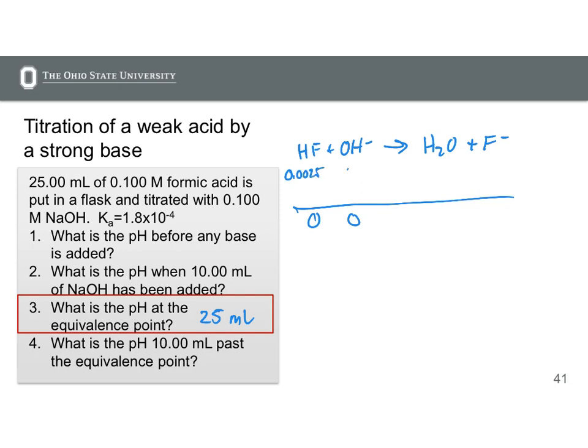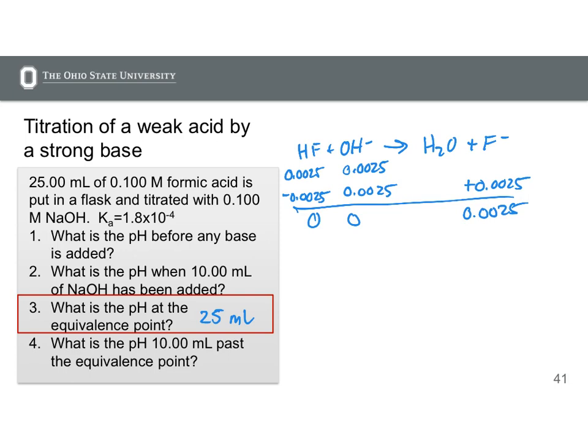We've now added 0.0025 moles of hydroxide. By definition, we're at the equivalence point, okay? So minus 0.0025 on the reactant side and plus 0.0025 on the product side for fluoride. Okay, so the only thing we're going to have in solution is F minus.